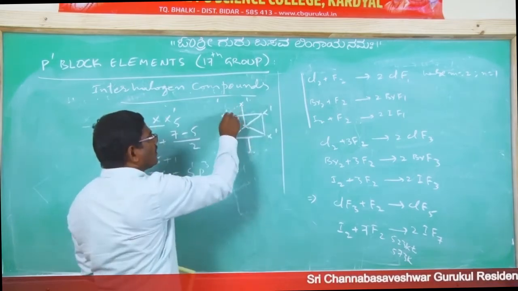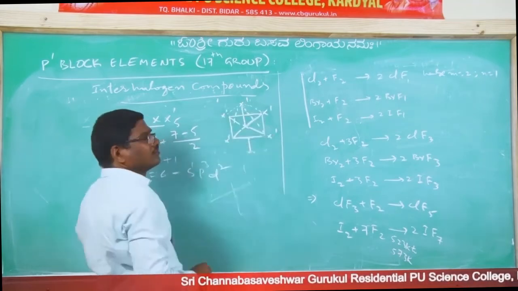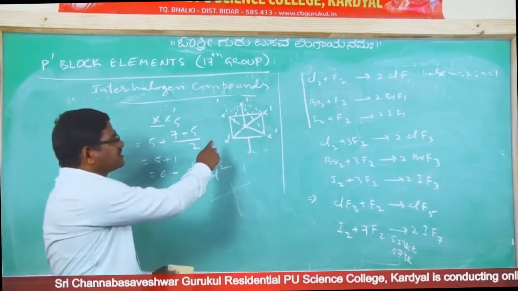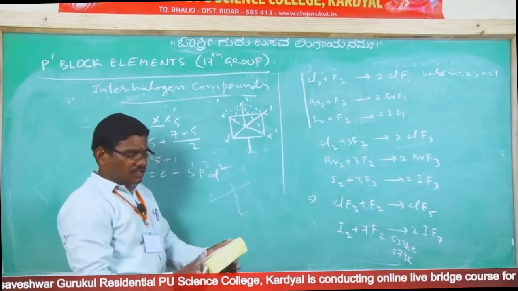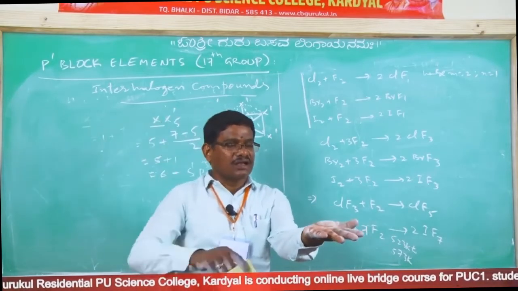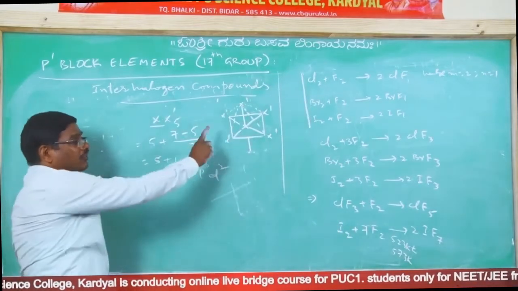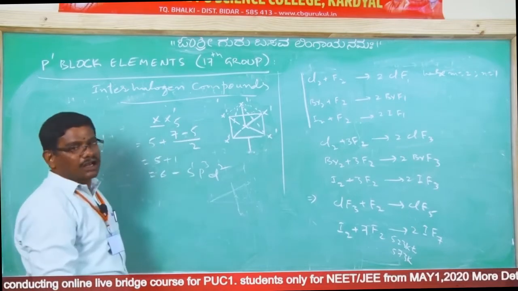Therefore what is this? Square pyramidal. This is the square, it is a pyramid, correct? Here this is the planar square and above it there is one, it is a square pyramidal. That square pyramidal is a distorted or deviated structure from octahedral.